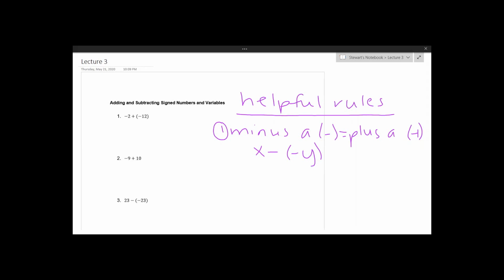So when you do that, we know that two negatives multiplied together equals a positive. So we can simplify this to x plus y.